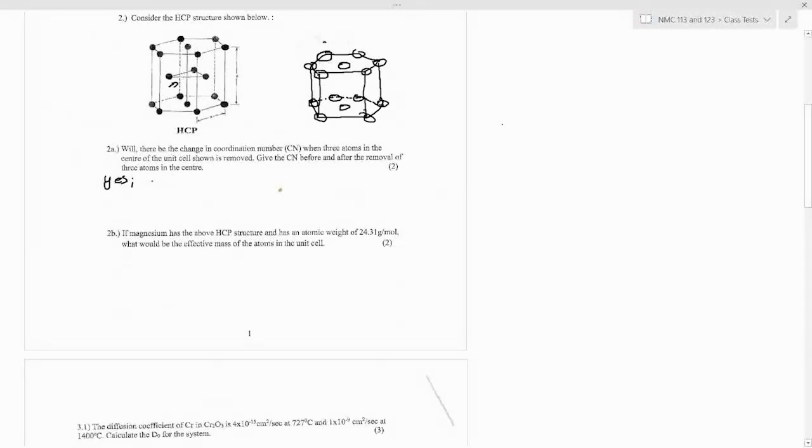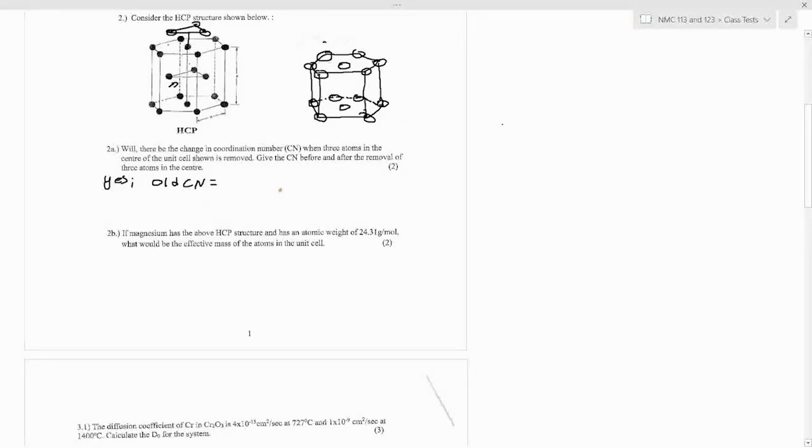But they want to know the old coordination number and the new coordination number. For the one before the removal, you know that the cell at the top would have these 3 atoms. Now we can choose this reference atom and count the nearest touching atoms.